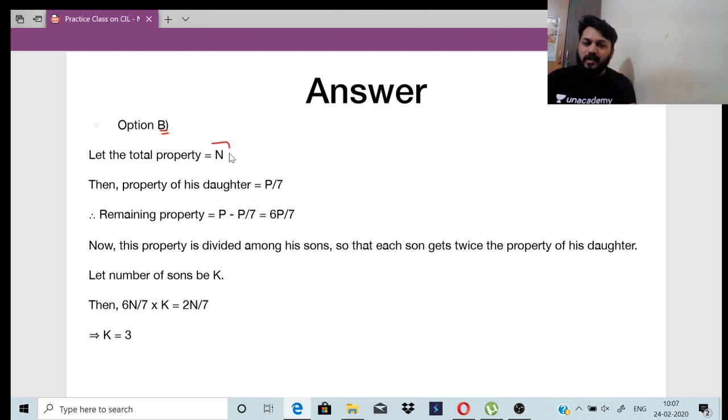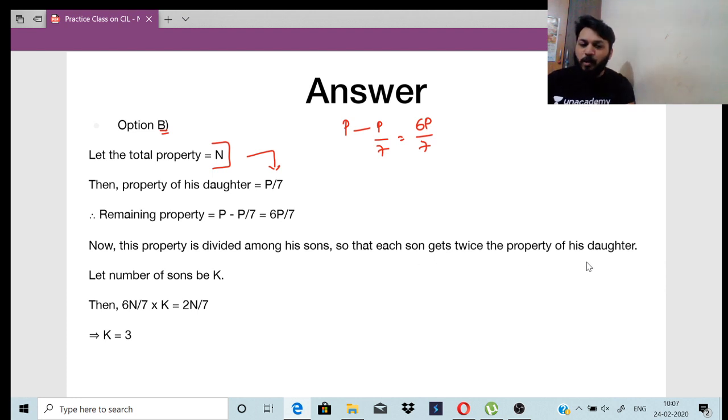Let the total property be N. The property given to the daughter is N/7. The remaining property is N minus N/7, which is 6N/7. This 6N/7 is given to all the sons.